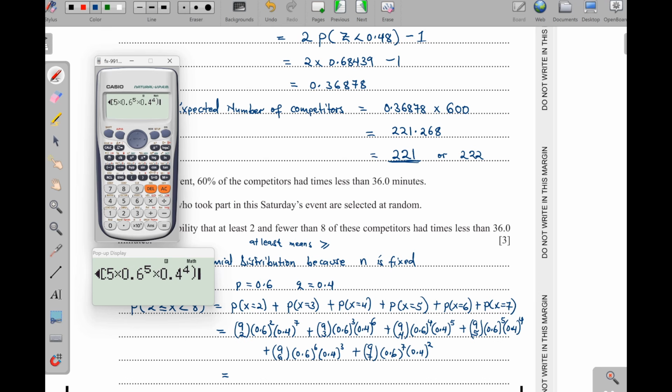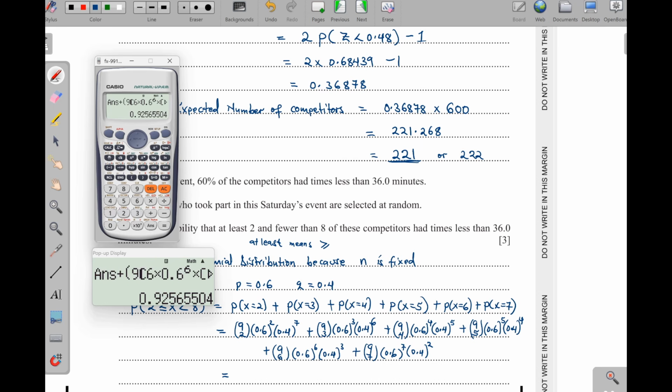So I'm going to 9 combination 6, so I first press equals here, I get that, then plus 9 combination 6, then times 0.6 power 6 times 0.4 power 3, then lastly 9 combination 7, then times 0.6 power 7 times 0.4 power 2.